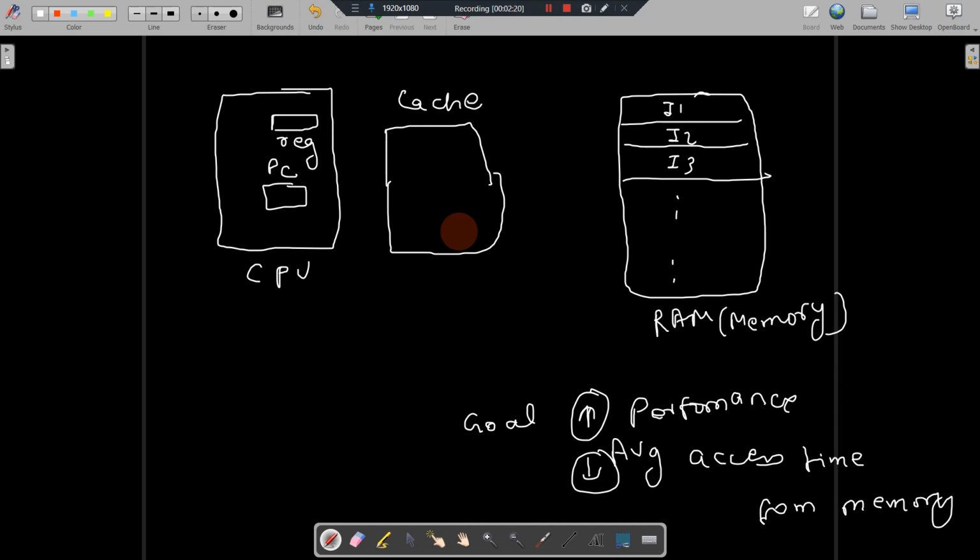The idea is, whenever we require some instruction or data from the memory, first the CPU will check whether that memory address data is present inside this cache memory or not. If it is present, it will fetch it from here.